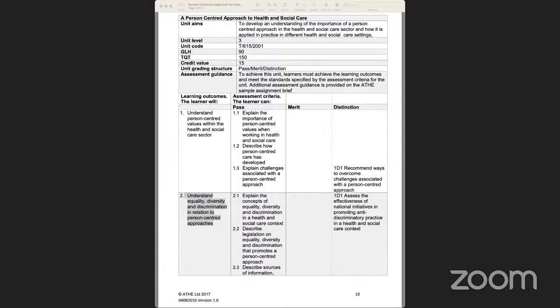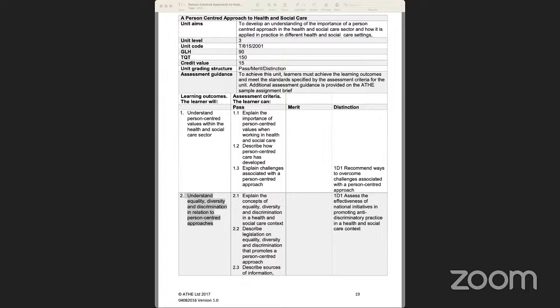So here, the main objective of studying this particular learning outcome in terms of the person-centered approach is, one, to understand basic laws like the Equality and Diversity Discrimination Act, Data Protection Act. We're looking at the Working Rights Act, some of the major acts which are going to be observed by us when we work within this sector as a health and social care professional.